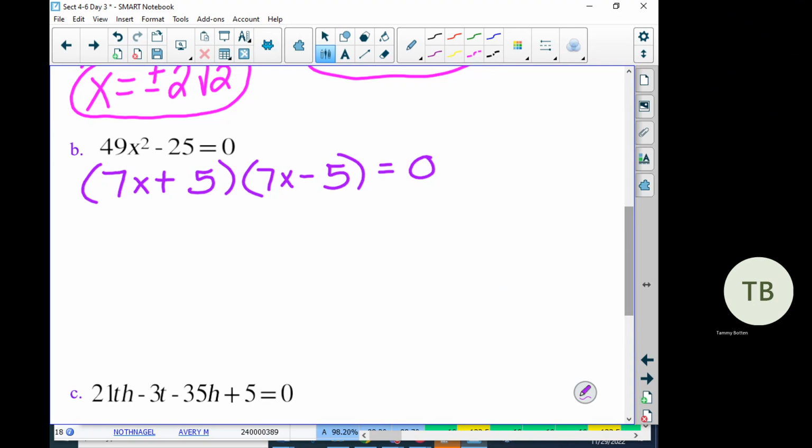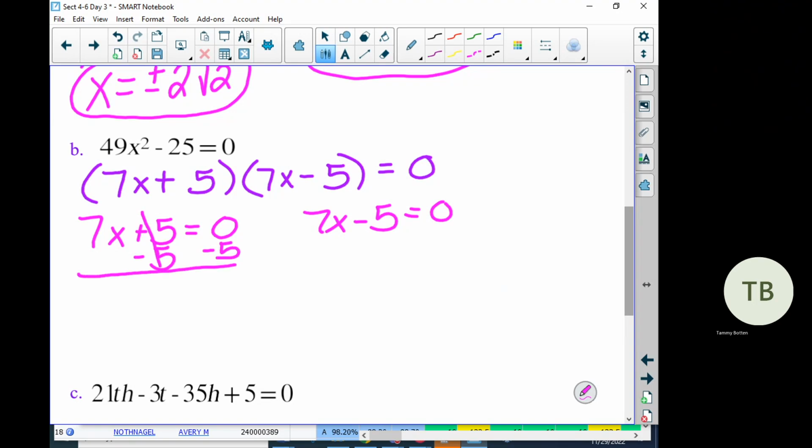Now, this also has a shortcut way, but I'm going to show you the long way first, and then I'll explain the shortcut way. So if you set each of these equal to 0 and solve them, you subtract 5, and you get 7x equals negative 5, divide by 7, and x is negative 5/7.